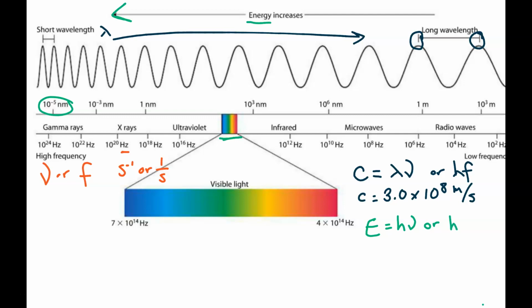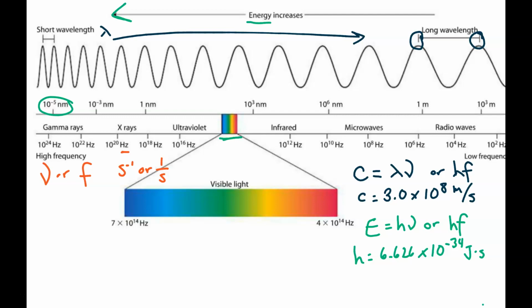This h here stands for Planck's constant. And h is equal to 6.626 times 10 to the negative 34 joule seconds. That's a very tiny number because it's looking at one photon or one wave of light. And one wave of light is not very much, so it doesn't have very much energy.